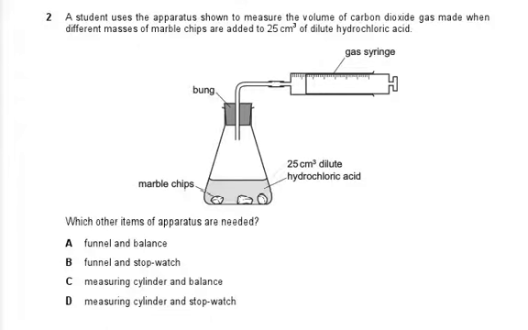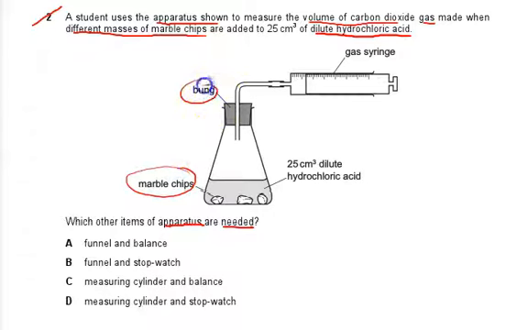For number 2, a student uses the apparatus shown to measure the volume of carbon dioxide gas made when different masses of marble chips are added to 25 cm³ of dilute hydrochloric acid. Which other items of apparatus are needed? There's a marble chip, bung, gas syringe, and an acid.